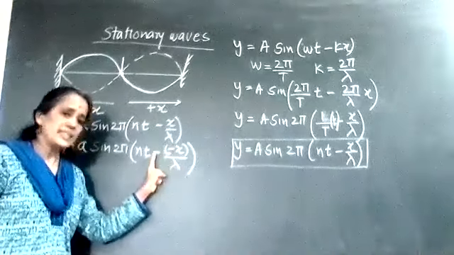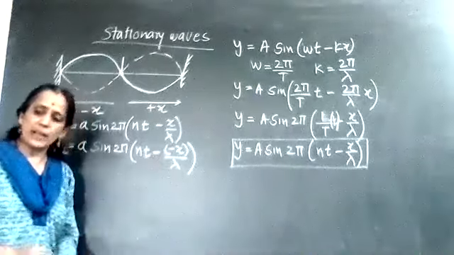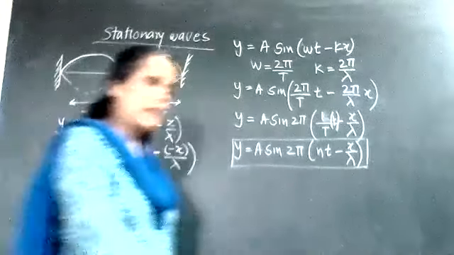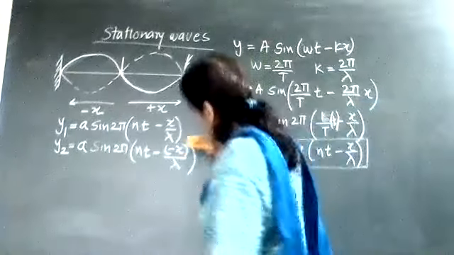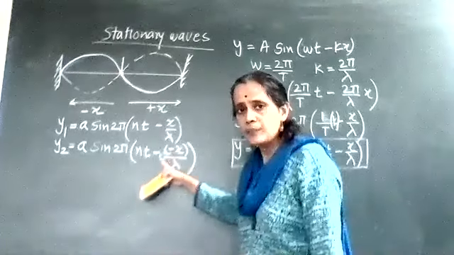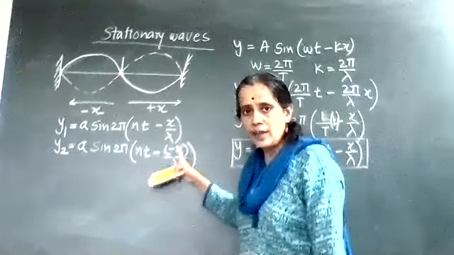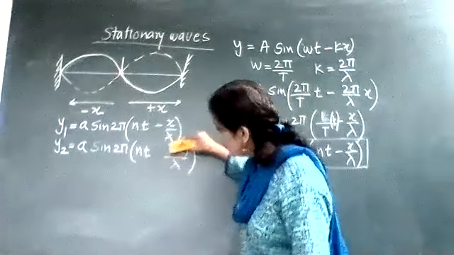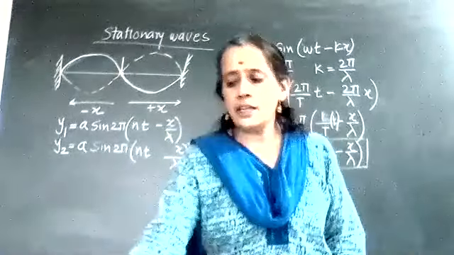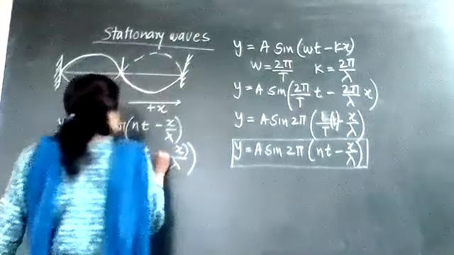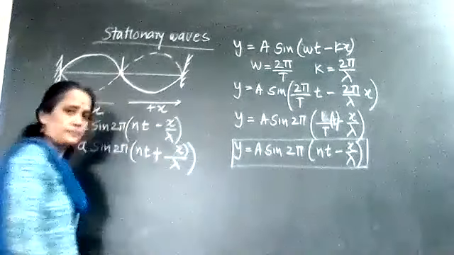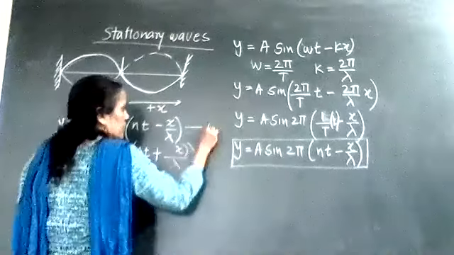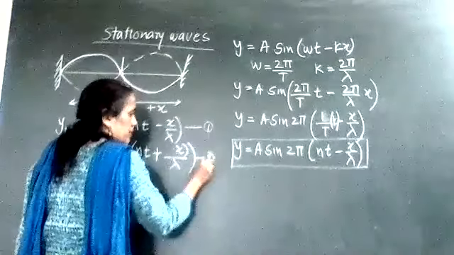Now this minus x and this minus sign, minus minus will become a plus. So just see here, the sign gets changed and I am getting plus x upon lambda. So this is my equation number 1, and here I am getting equation number 2.